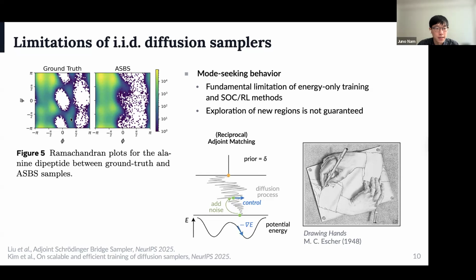But when we use ASBS to learn from the energy function to generate alanine dipeptide samples, it usually mode collapses and generates only samples from the major mode.